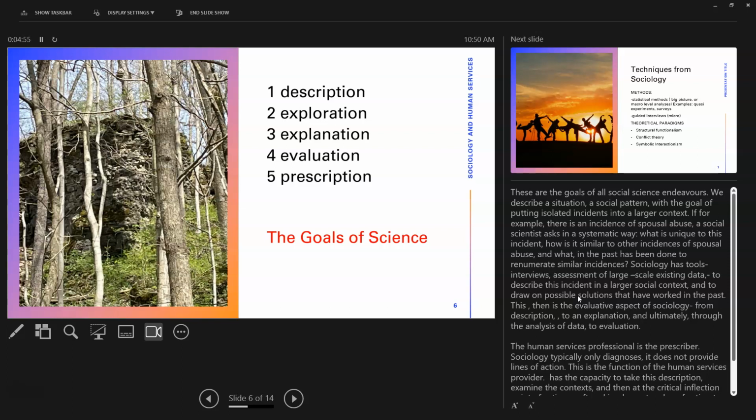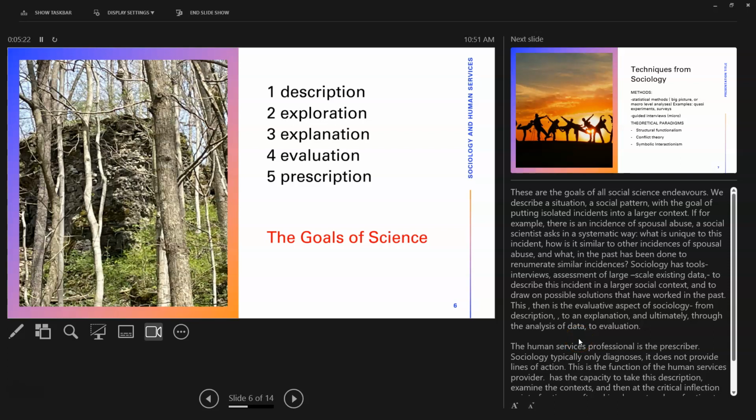And what in the past has been done to enumerate similar instances? Sociology has tools, interviews, assessments of large-scale existing data, surveys, what's called the quasi-experimental method, to describe this incident in a larger social context and to draw on possible solutions that have worked in the past.